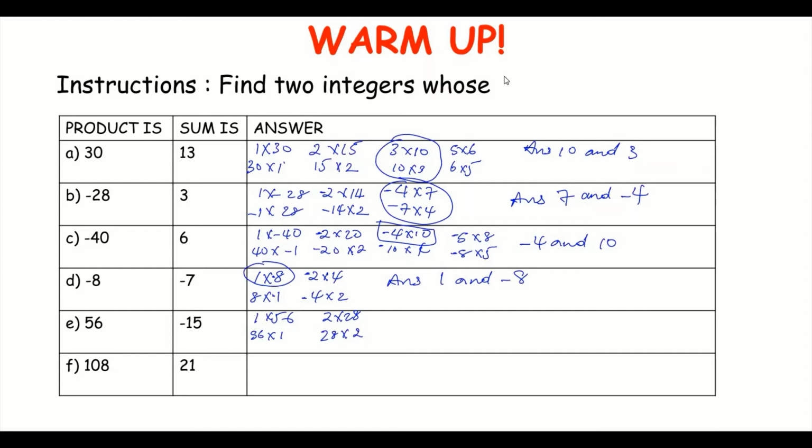And then let's try 3. 3 wouldn't work. No. Let's try 4. So that's going to be 4 times 14 and 14 times 4. Let's try 5. No, 5 wouldn't work. 6 wouldn't work. 7. 7 works. So 7 times 8 and 8 times 7.